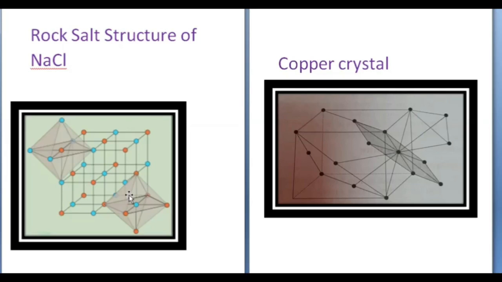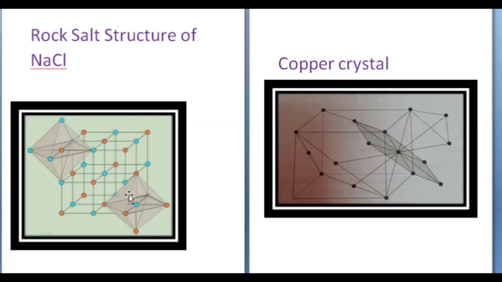Number of sodium and chloride ions present per unit cell. This is also asked in the exam. So, the unit cell of sodium chloride has 4 sodium and 4 chloride ions, which are alternately arranged to minimize the force of repulsion. This is a frequently asked question in the exam.